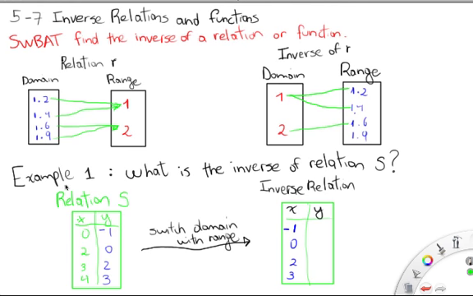And vice versa, the x values from my original relation become the y values or the range of my inverse relation. And we are done, guys. We found the inverse relation table of S.